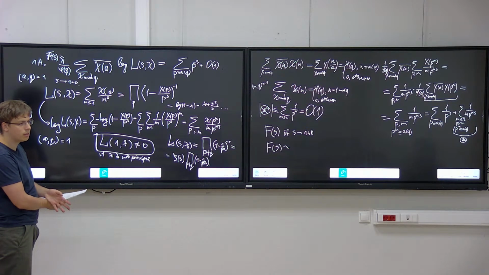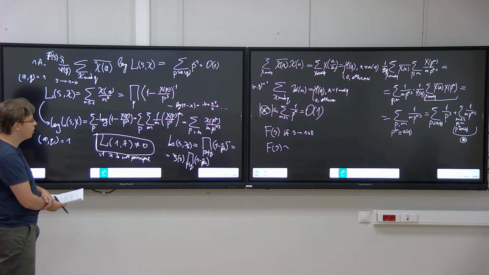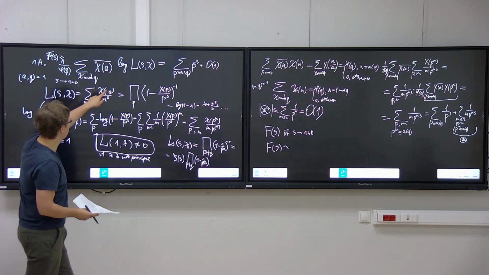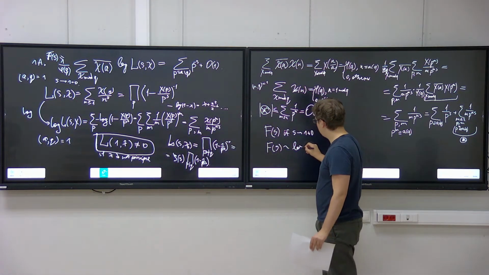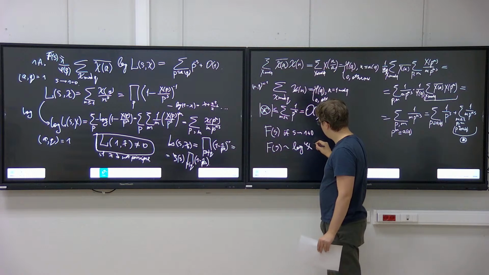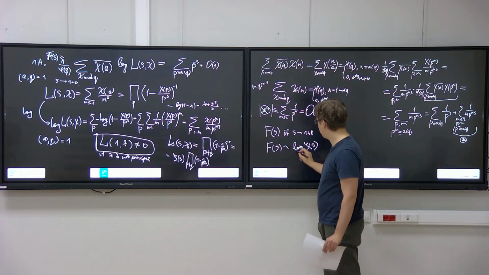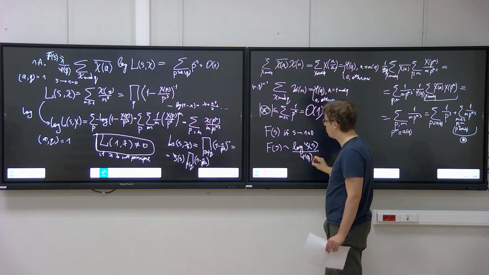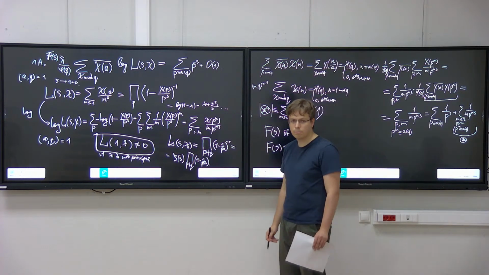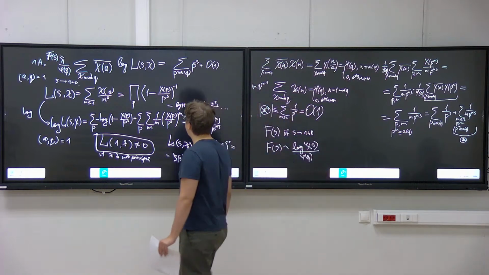Нет, они стремятся к конечной константе. Да, конечно. То есть главный член — это логарифм z, делить на фи от q, правильно?